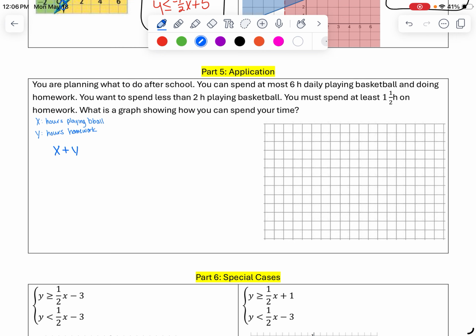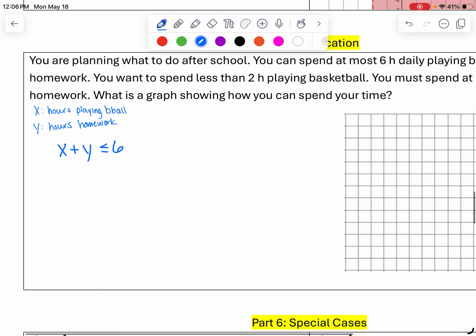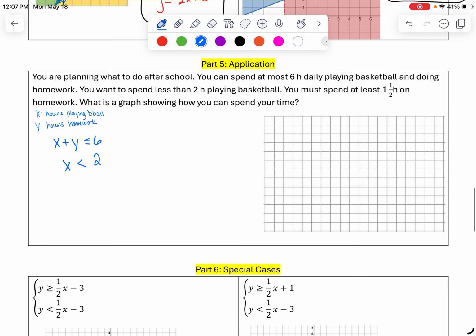Together, I have to spend less than or equal to 6 hours. So basketball, at least 2 hours playing, so that's basketball, x at least 2 hours. And I must spend at least 1.5 hours doing homework. Okay, so now we're ready to graph.